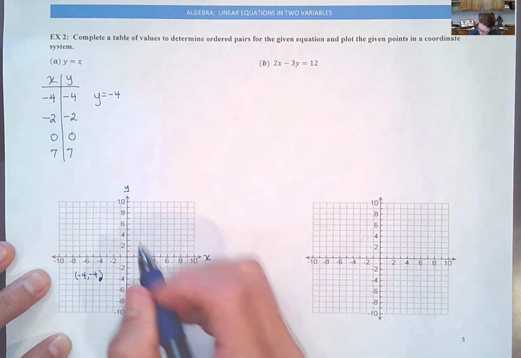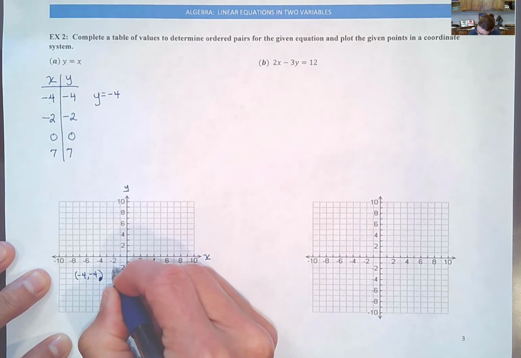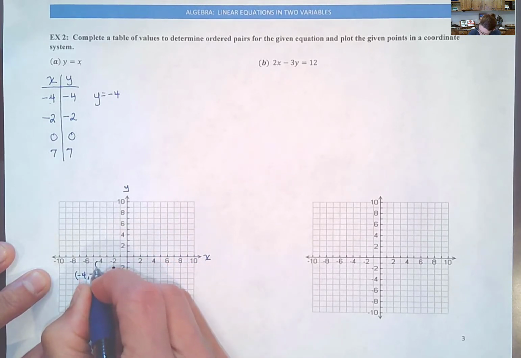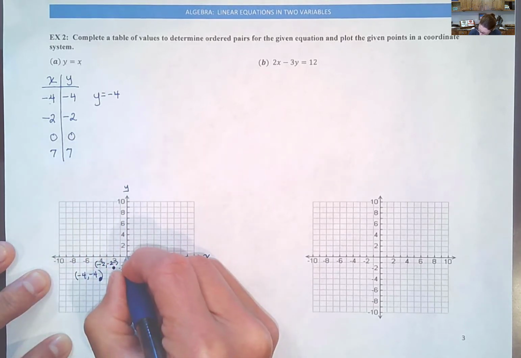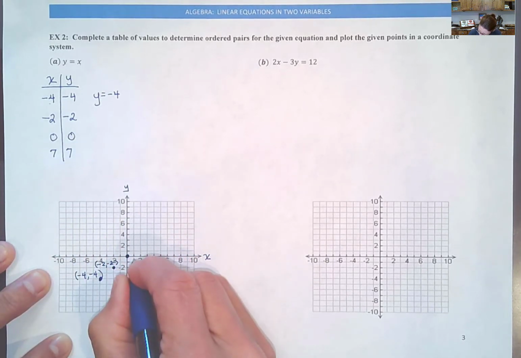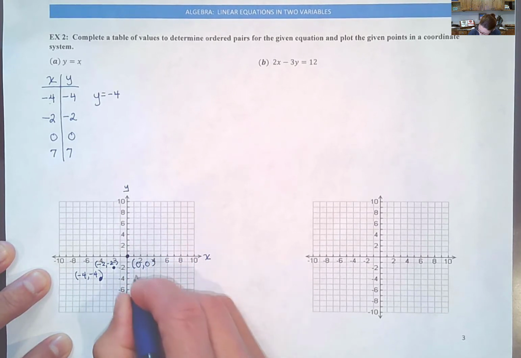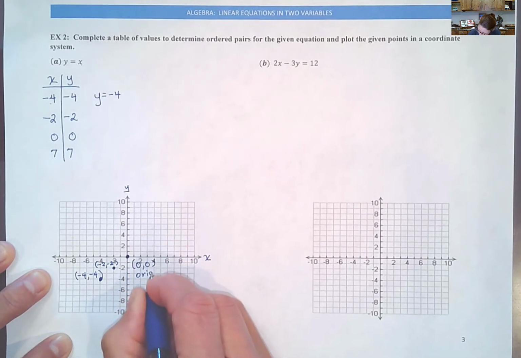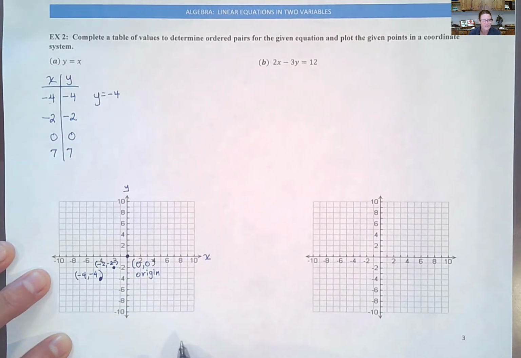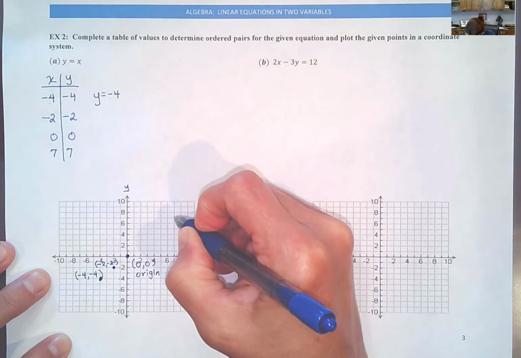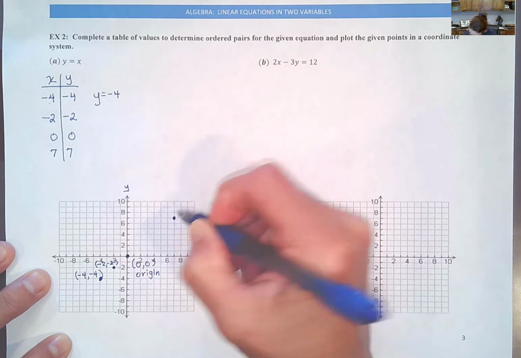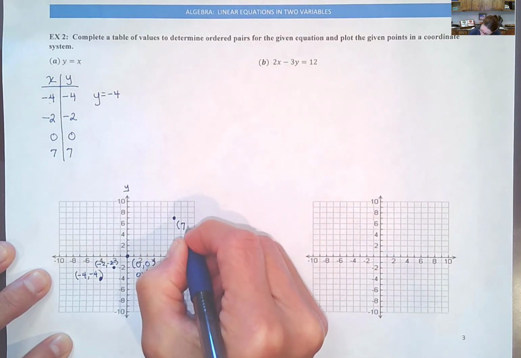Negative 2, negative 2. We have the point at the origin, 0, 0. That point is the origin of our Cartesian coordinate system. And we've got a point out here, 7, 7.